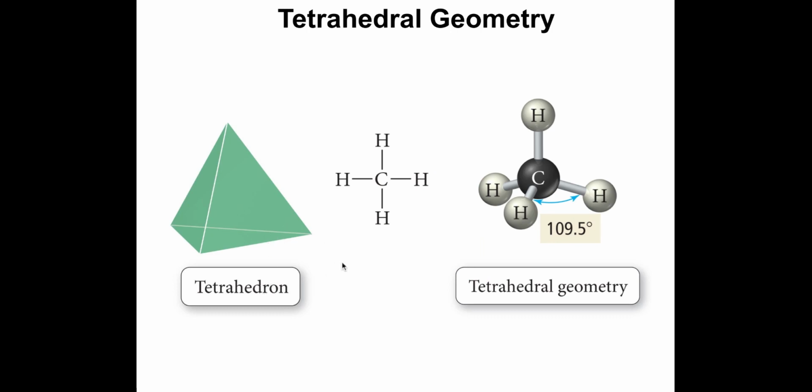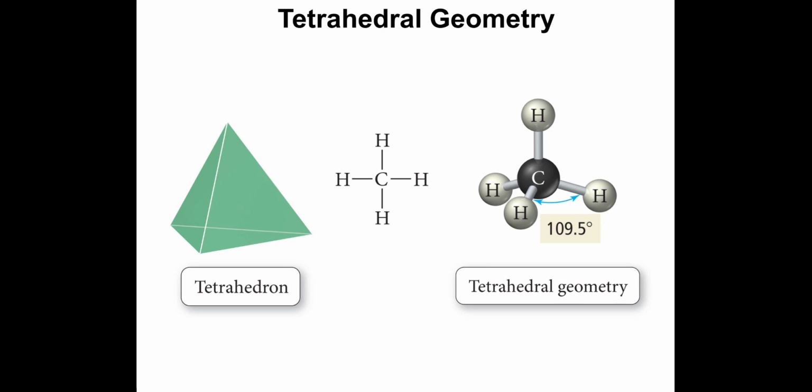Again, here's the tetrahedral, and so anytime you have 4 bonding groups or 4 electron groups, you're going to have a tetrahedral geometry around the central atom. And again, the angle between all of these is going to be 109.5, especially if they're the same atom bonded to your central atom, then they're all going to have the same angle.